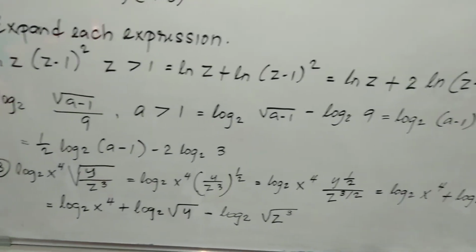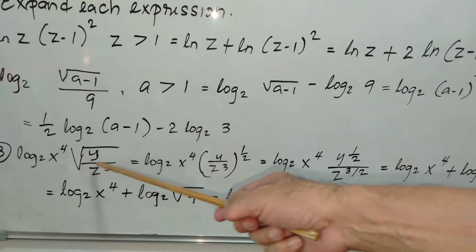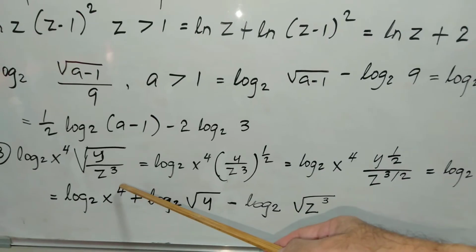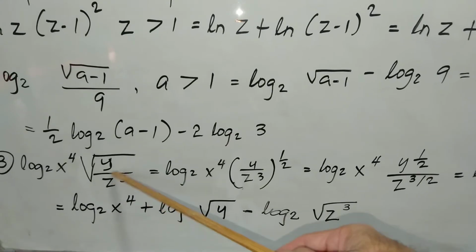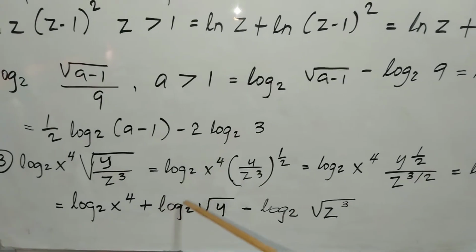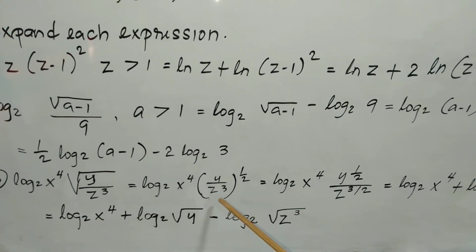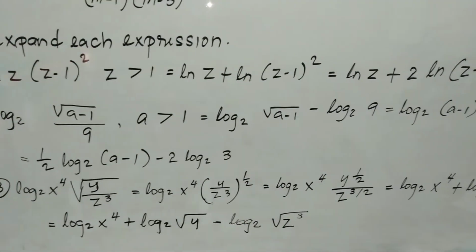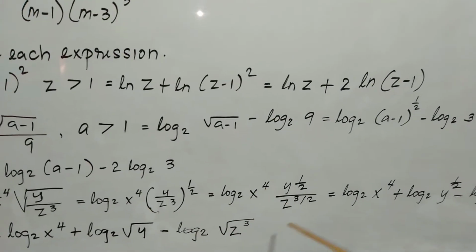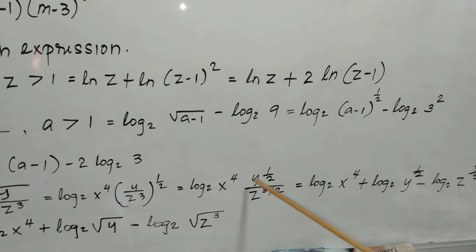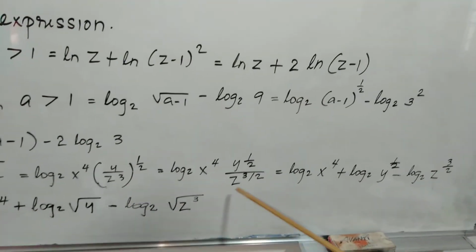For number 3, we are given logarithm base 2 of x to the 4 times the square root of y over z cubed. So we transform this into exponential form: logarithm base 2 of x to the 4th times the square root of y over z cubed raised to 1/2. Separate the numerator from the denominator: y raised to 1/2, and this one becomes z raised to 3 over 2.